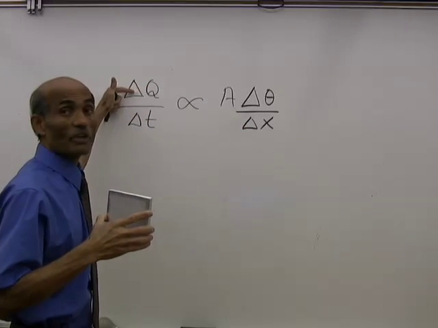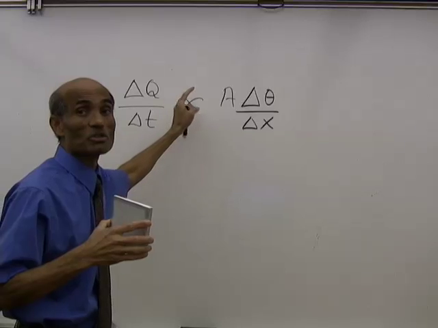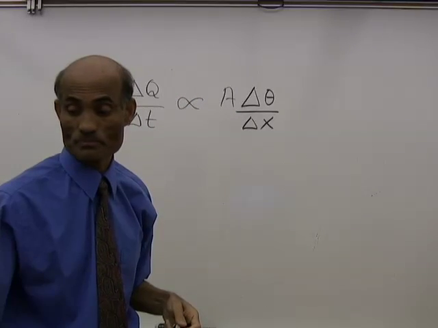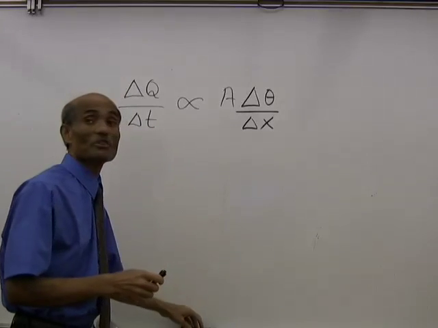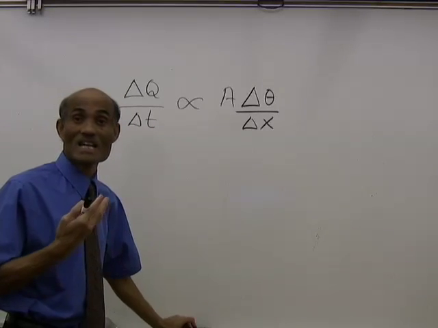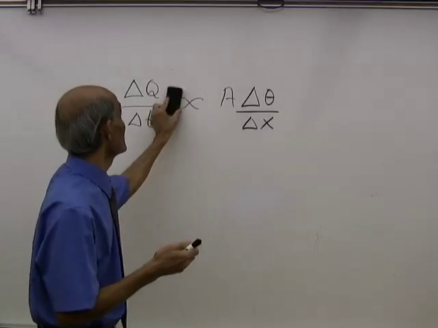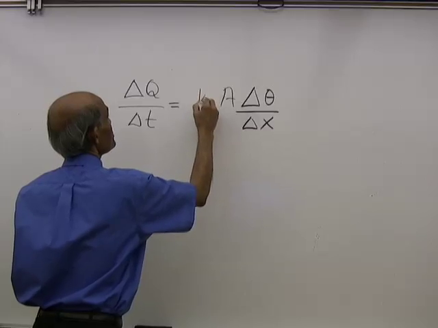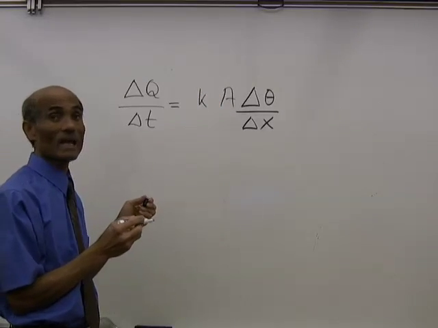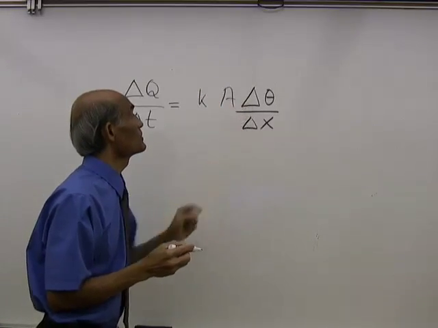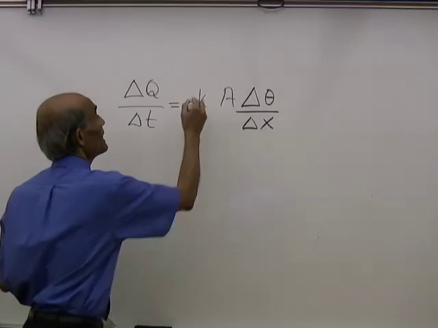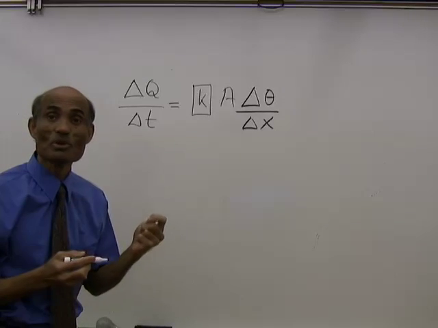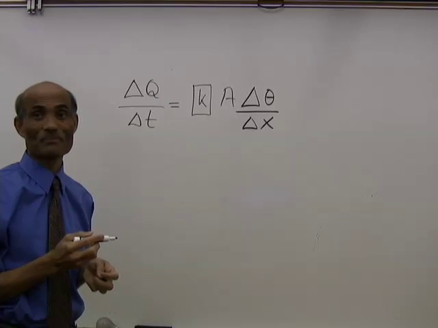So the rate of heat flow is proportional to the area and the temperature gradient. That means I can now replace the proportionality by an equal sign, adding a constant. And there we have delta Q over delta T equal to a constant K times A delta theta over delta x. And this K is what we call the thermal conductivity of the material.